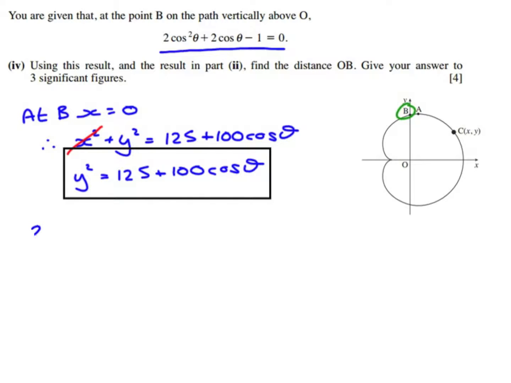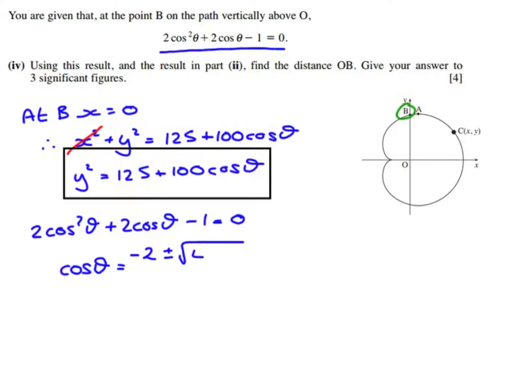Now you'll notice that this is just a quadratic in cos. And so this will give us values for cos that are true at B. So all we need to do is solve this for cos theta. Now this doesn't factorize nicely, so we're going to have to use the quadratic formula. We've got negative b plus or minus the square root of b squared minus 4ac, over 2a.